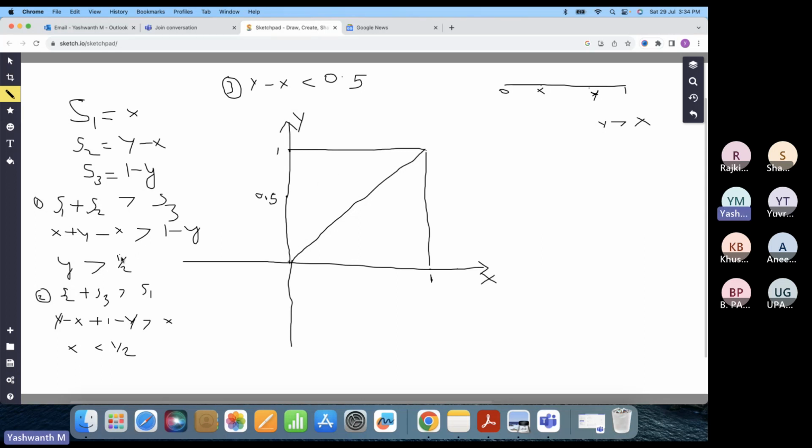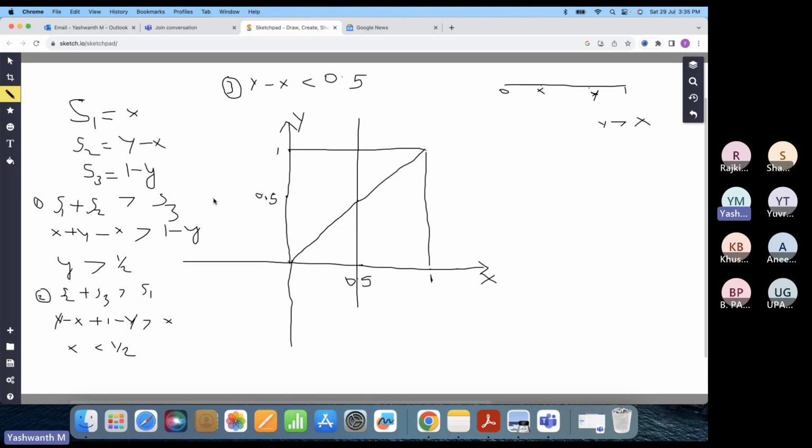Now let's try to put down this constraint. y has to be greater than half, and x has to be less than half. So this is 0.5. x needs to be less than half is the left side of it entirely, and y needs to be greater than half gives you the above side.